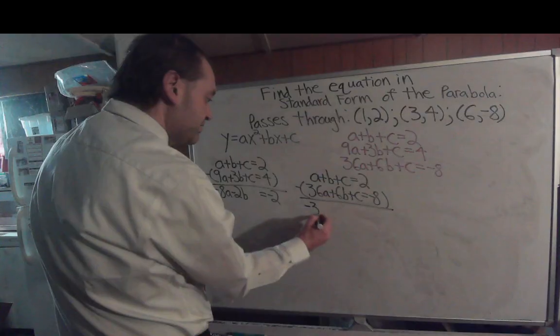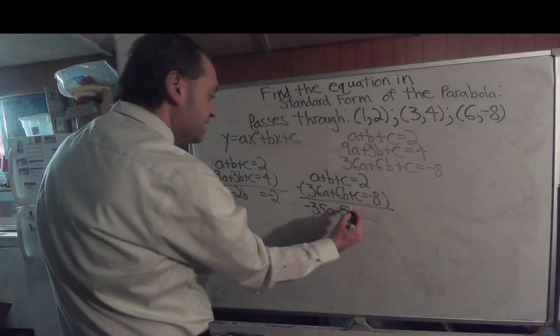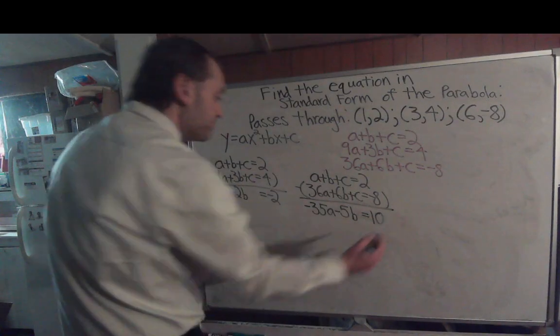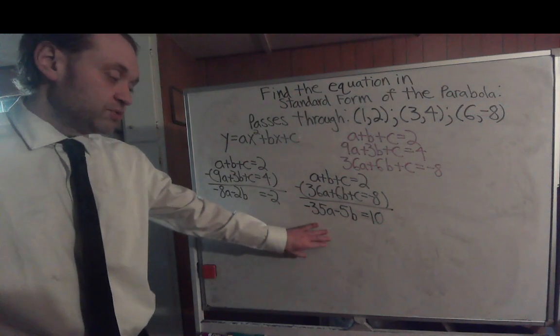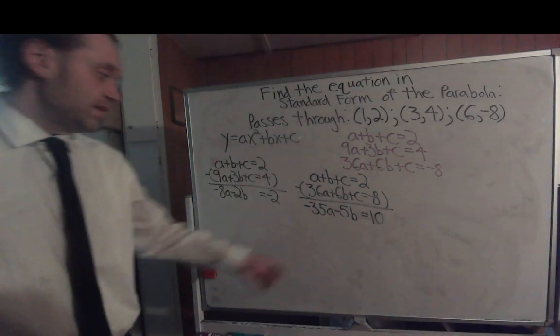I'll end up with -35a minus 5b rather, would equal 10. So notice I've done two equations where I was able to eliminate the c variable.